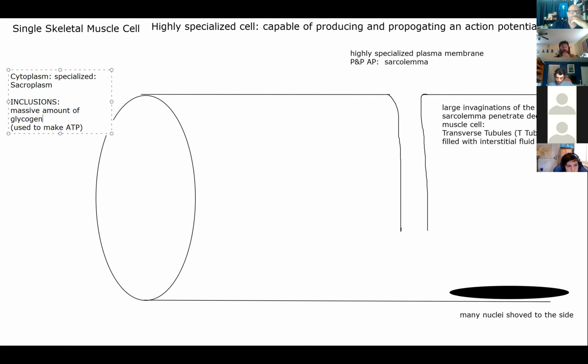Now, if we are going to completely and fully break down this glycogen to maximize the amount of ATP necessary, what did we say we needed? What organelle is going to help us to efficiently break down this glycogen and maximize the energy that we get from it? Mitochondria.